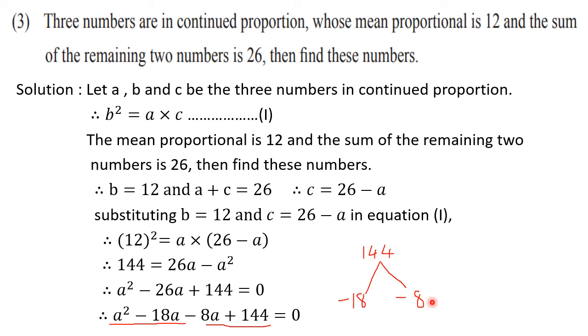If you want, you can write this by the side to understand how this step has come. Why we wrote this minus 26a as minus 18a and minus 8a. Okay, so previous knowledge also is useful. It is applicable, so don't forget it. So let's go ahead. Let's take out common here now.